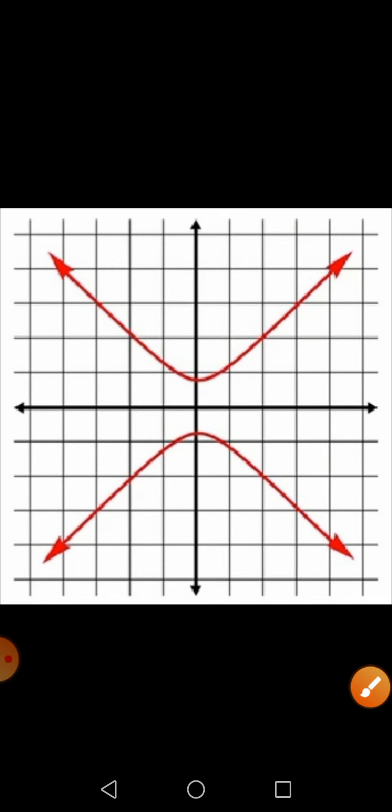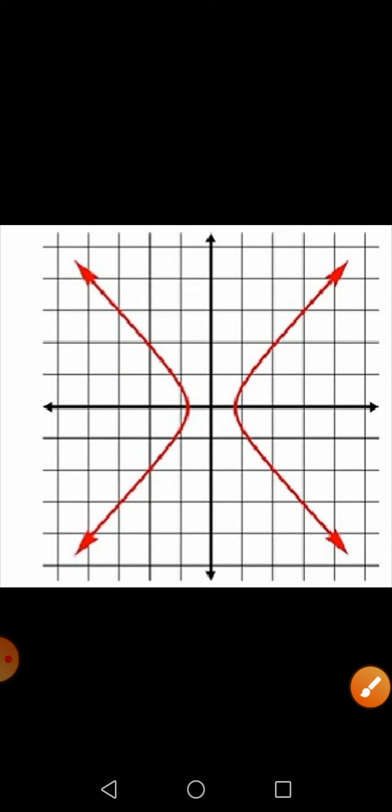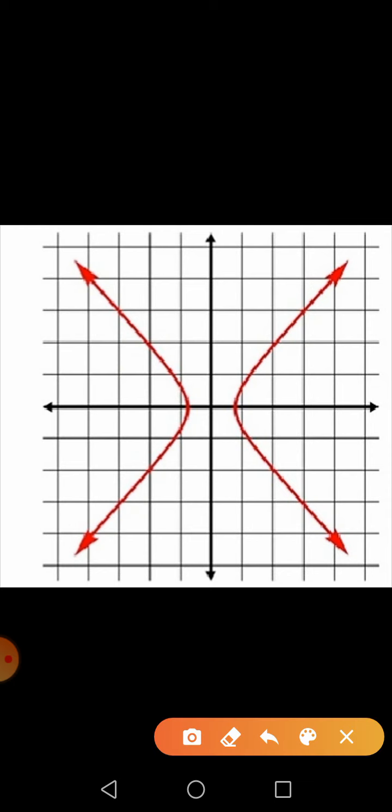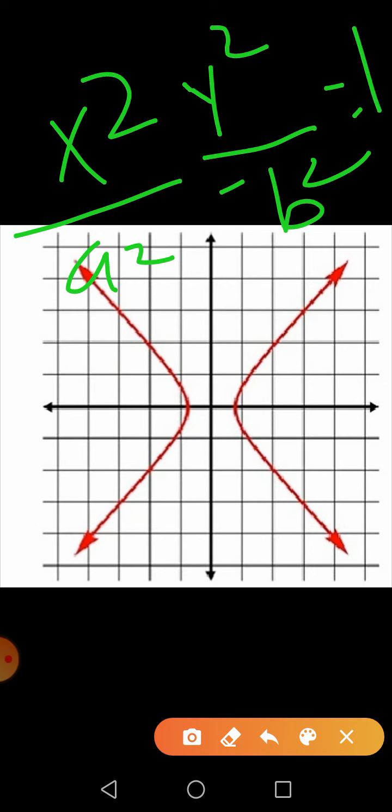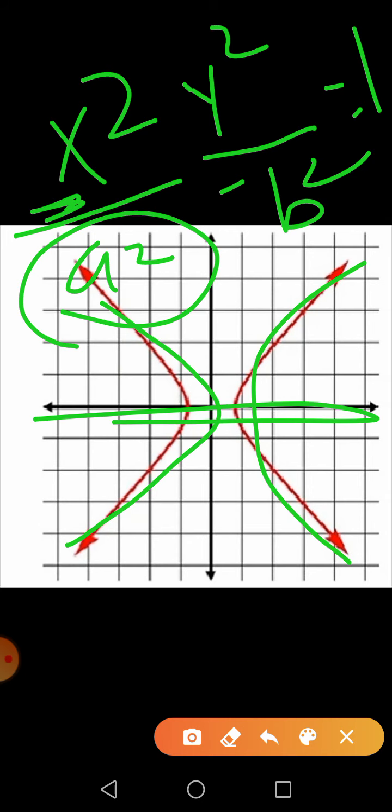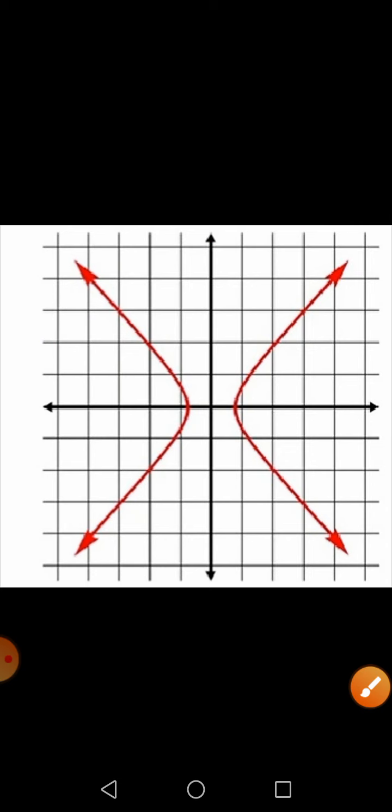What about here? Yes, it will be x squared over a squared minus y squared over b squared equals 1. Do you notice a is always first? Here x is first because the hyperbola is around x.